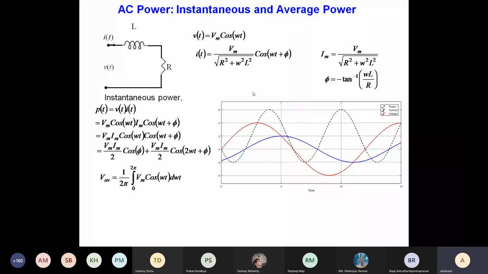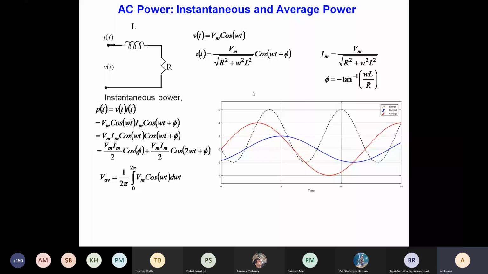In this case, what will be the value? 0. Because it is sinusoidally varying, the positive half cancels exactly the negative half, and ultimately, if you do the averaging over the whole cycle, the value is 0.